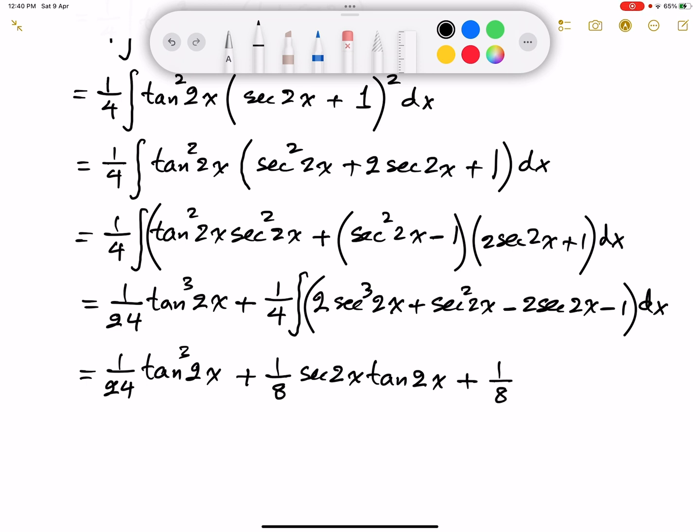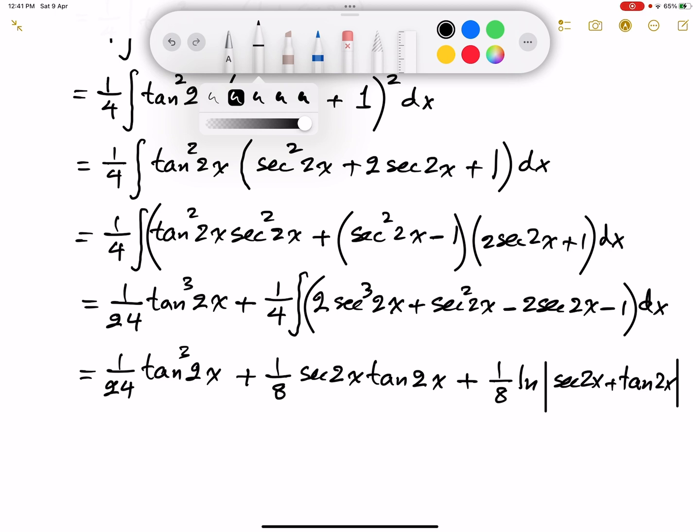the natural logarithm of the absolute value of course, secant twice x plus tangent twice x, okay, and then let me rewrite this, and then we're done with the secant cube.